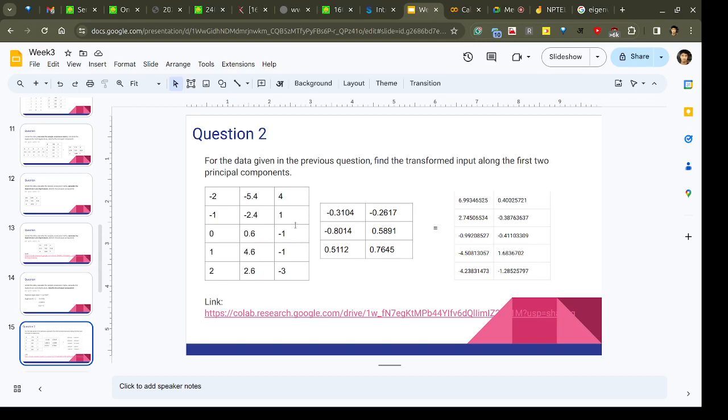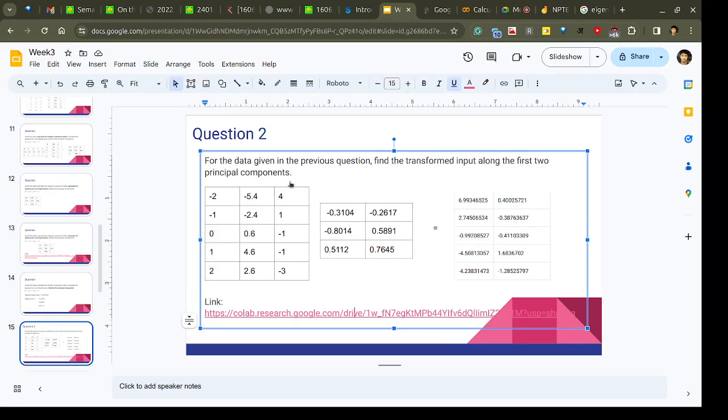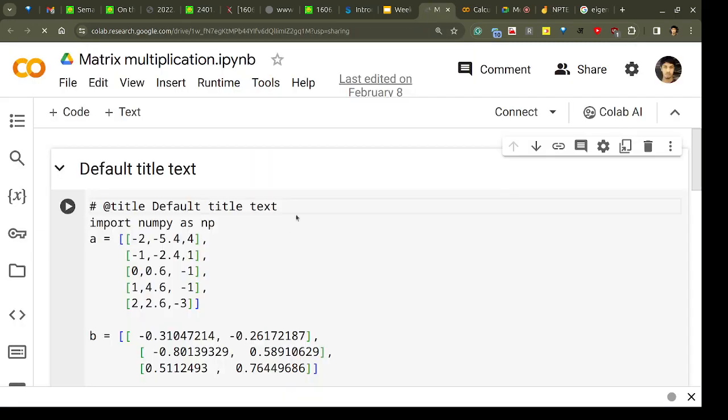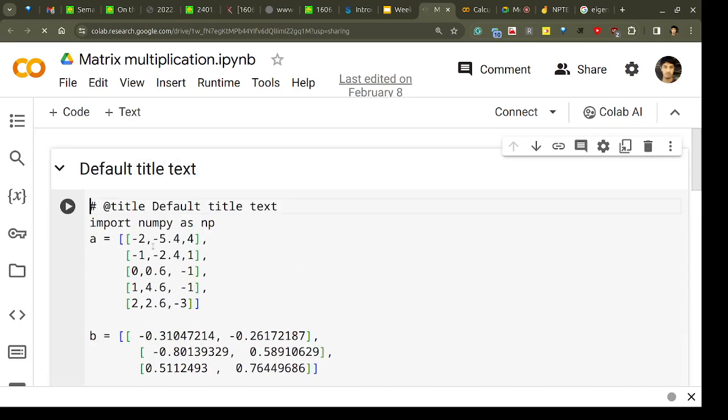Then we have to again do a matrix multiplication. We can do it by hand, this into this plus this into this plus this into this, but that might be very time consuming for these fractional numbers. So I have written code to do it correctly, and we'll do it quickly. This one is the matrix.